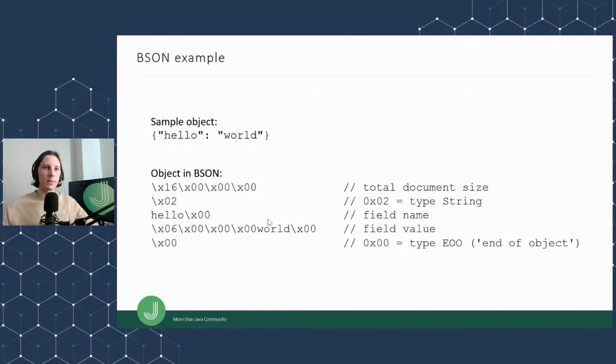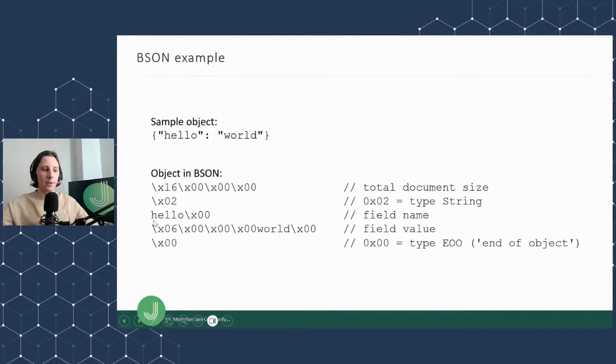Let's see how it works. I will not show you how our object will look in BSON because it will be too long. Here we have a simple object, hello world, one key, one value. And this is how it looks in BSON. The first 4 bytes are the size of the document. In our case, in base 16, it's 22 bytes. Then we have our field number 1. 02 means that this field is of type string.